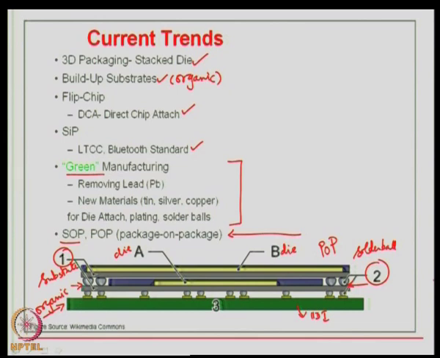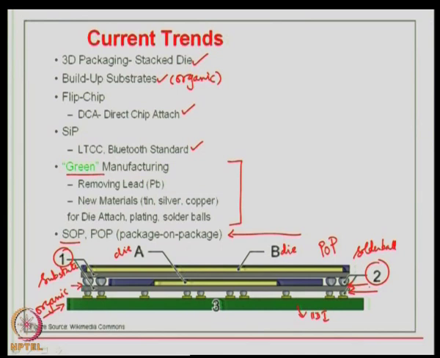Now, with very great expertise, you can repair by removing package B from A, but again you are going to look at the effects of soldering during repair and rework on the bottom die also. Therefore, repair and rework as of today is going to be a big challenge.